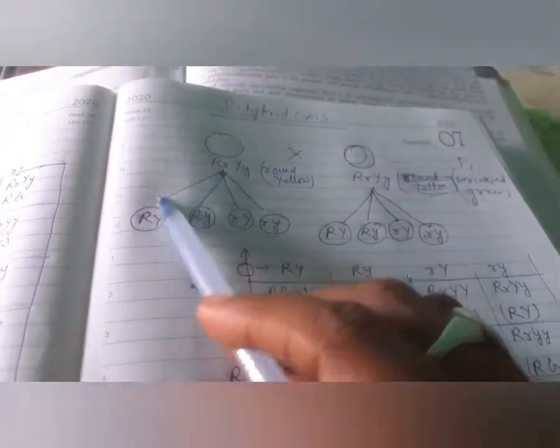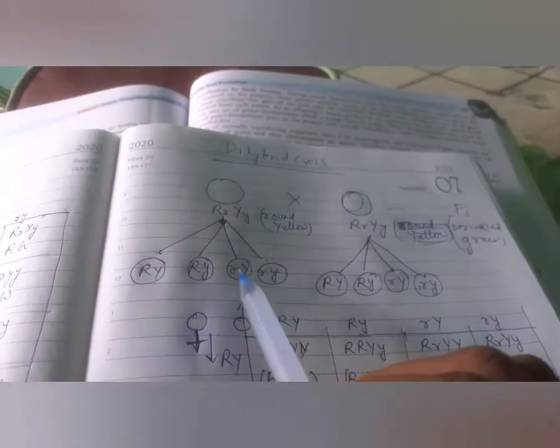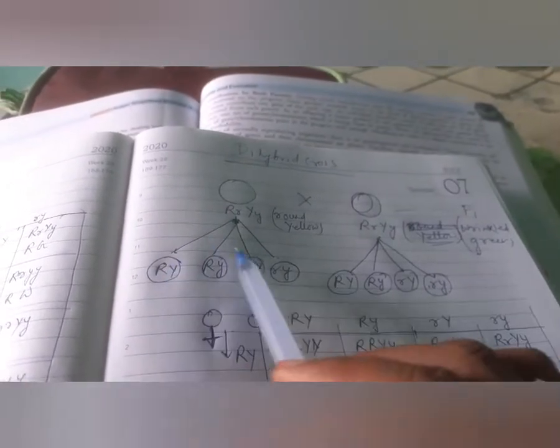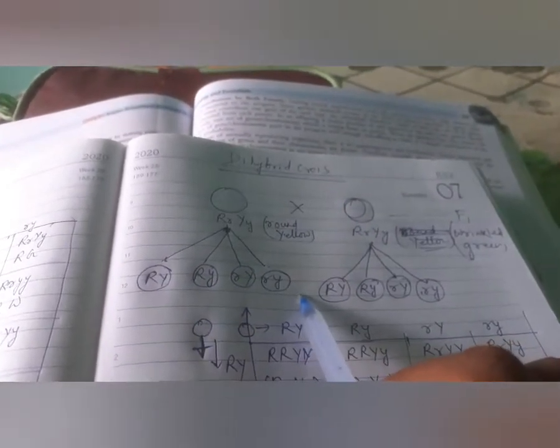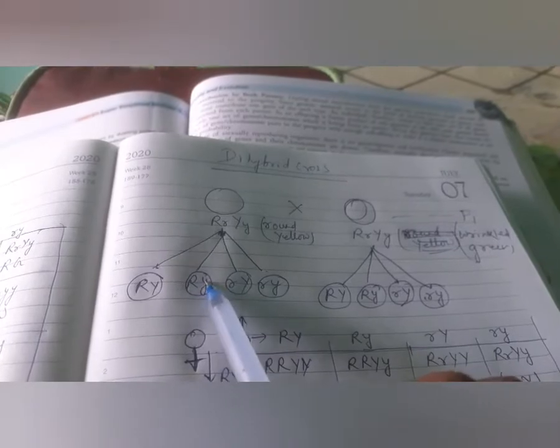When the gametes are produced, what happened? RY, Ry, rY, ry. That means four types of gametes are produced in the second filial generation.